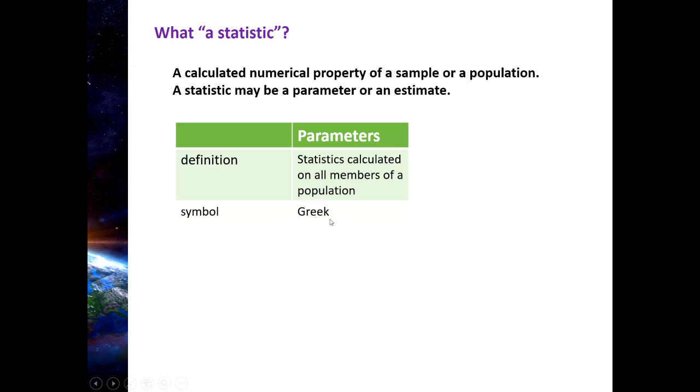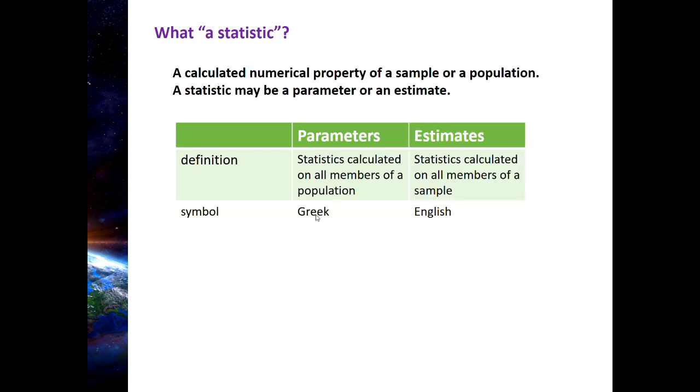And we represent statistics using symbols. So, there's a symbol for the mean. There's all these different symbols that you're going to learn about. All right, we'll talk about those in a minute. Now, estimates. Estimates are statistics that are calculated from samples, not from populations. All right.